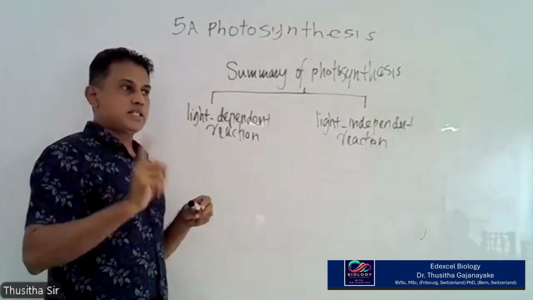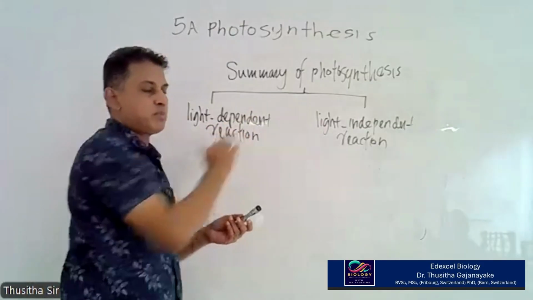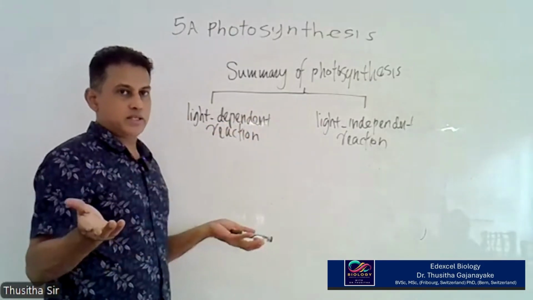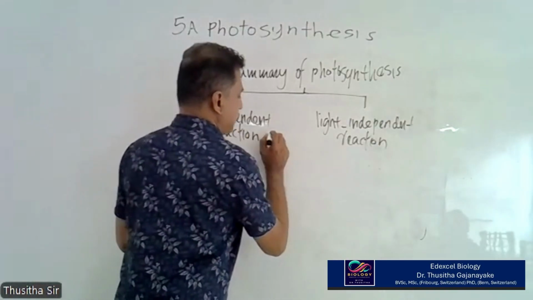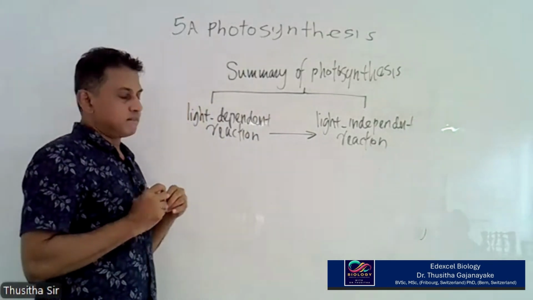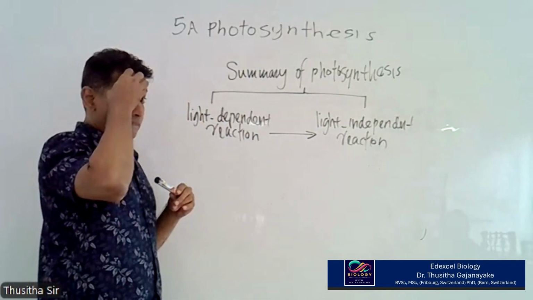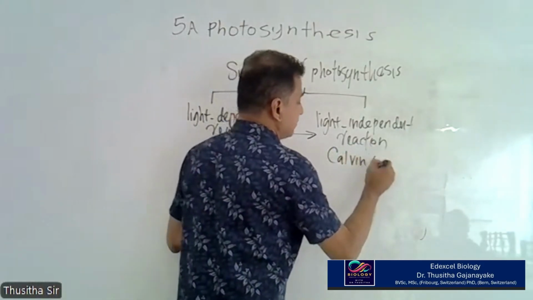It doesn't matter whether light is there or not, light or dark, this reaction can happen with light or without light. So first the light dependent reaction happens, then this starts. This reaction is also called the Calvin cycle.